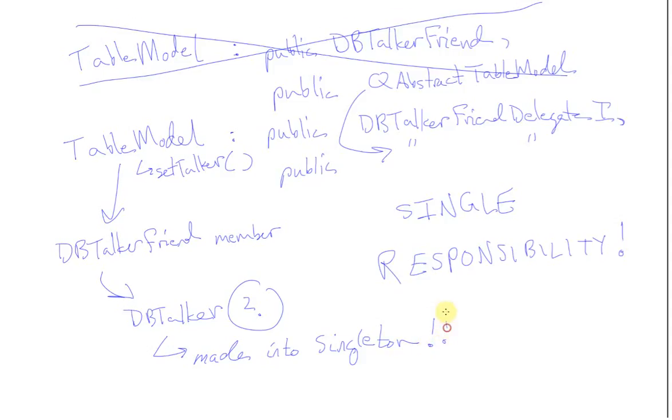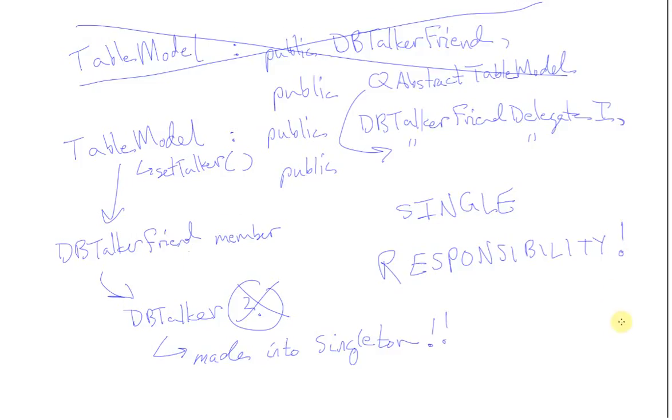Made into singleton. And no more questions. Because DB Talker friend could call the static DB Talker get singleton function and be able to find out who DB Talker is and be able to call it.